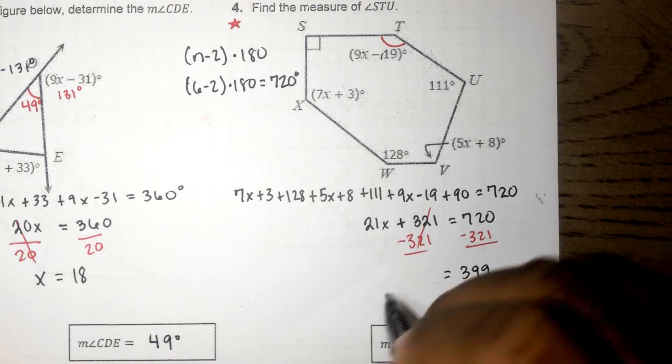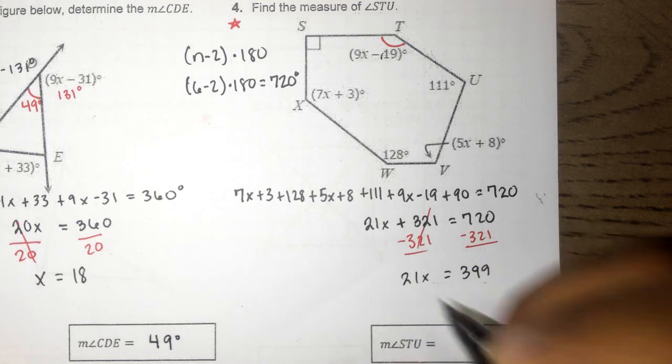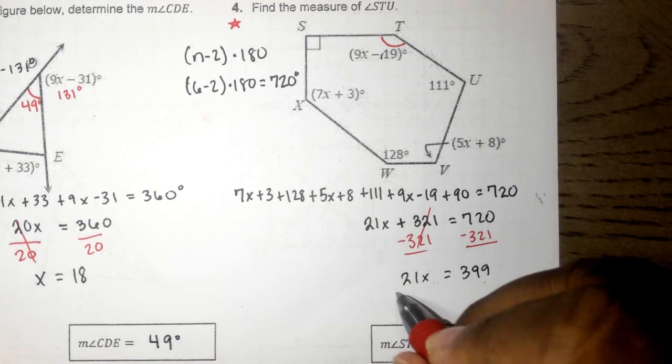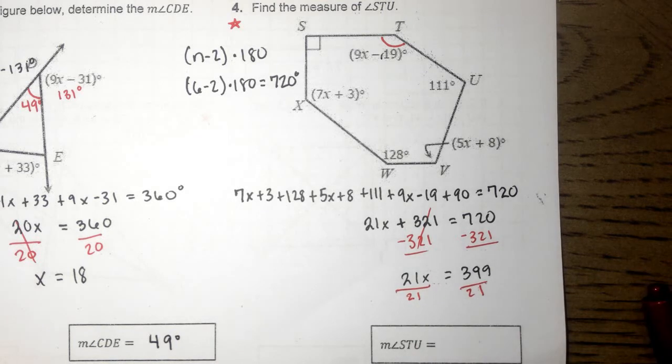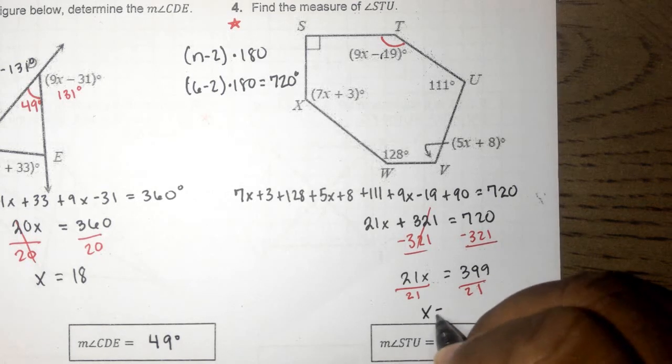$3.99 and then 21x divided by 21. We're going to get x equals 19.